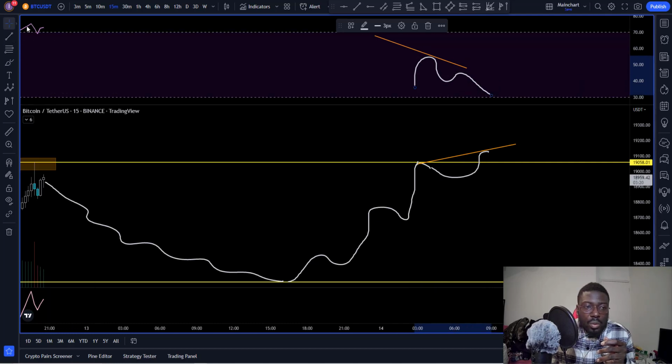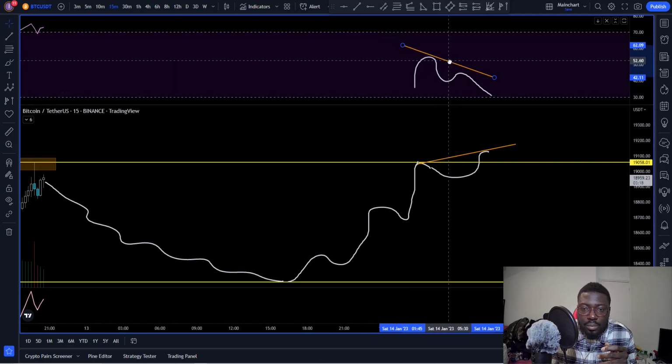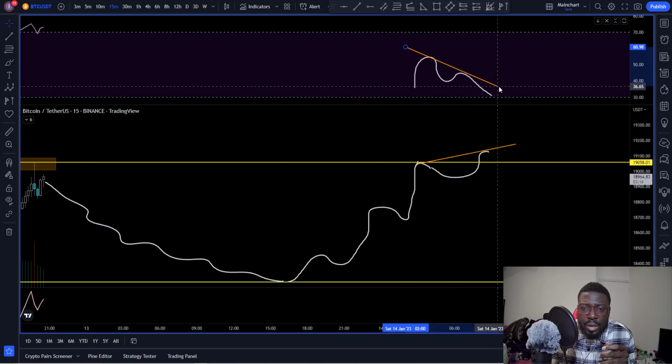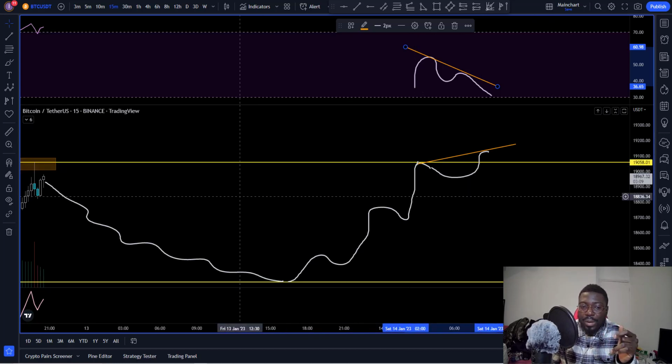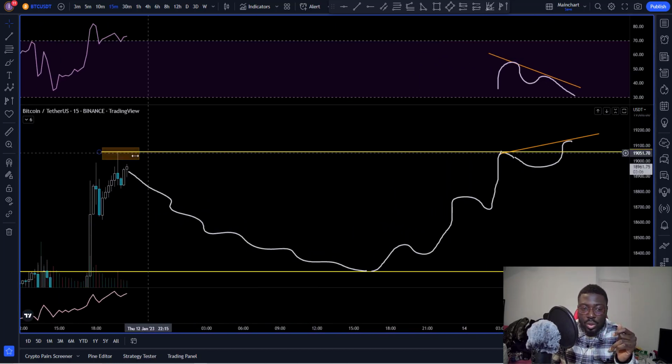So on the RSI we have a lower high, but on the price action we have a higher high. That will be a perfect confirmation for you to go in on the trade, because we are having two confirmations here.